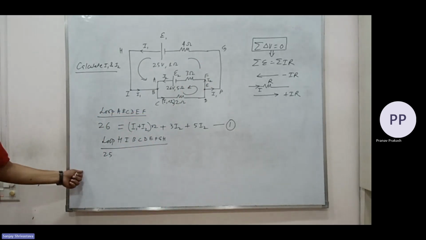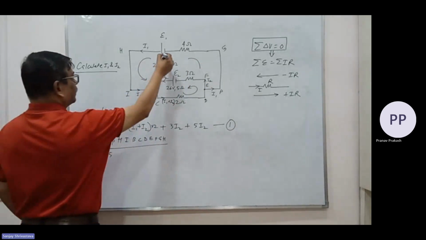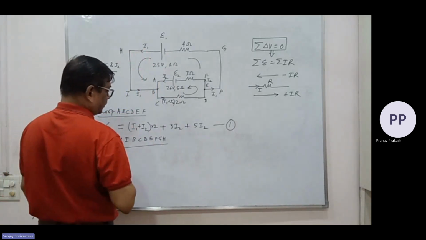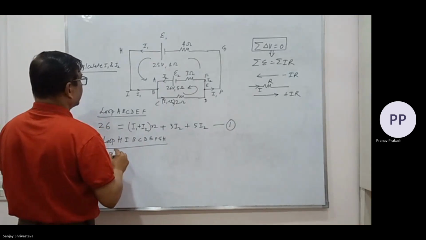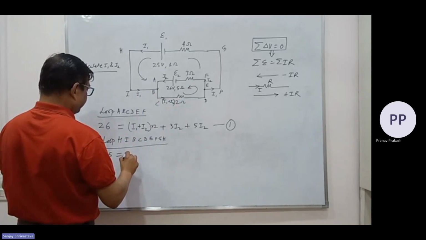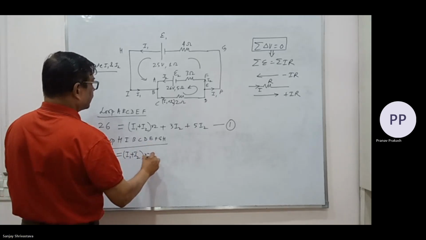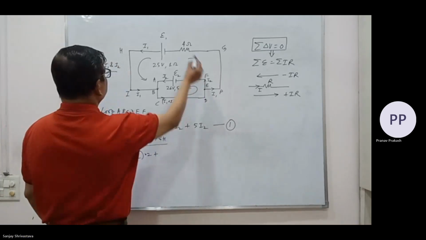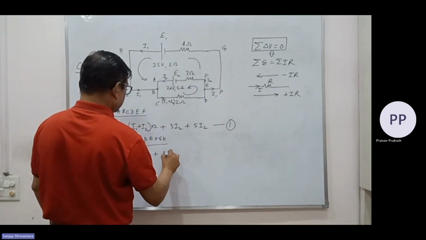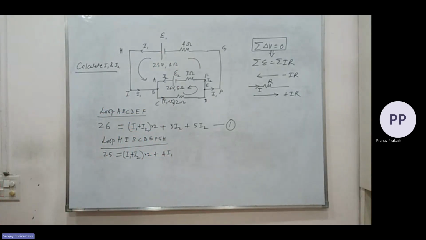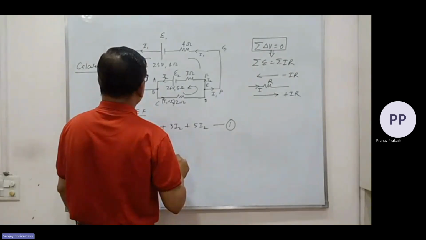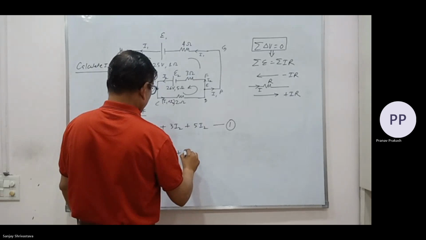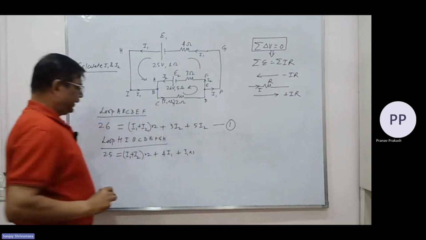The battery will be plus 25 volt, because we are going from negative to positive, which means the potential difference is positive. So 25 is equal to (I1 plus I2) into the bottom resistance, plus 4 I1, because the direction of current I1 is the same as the direction of the loop, and then plus I1 into 1 because of the internal resistance of the battery.